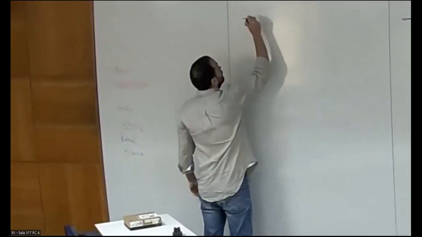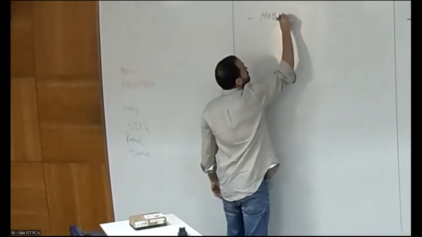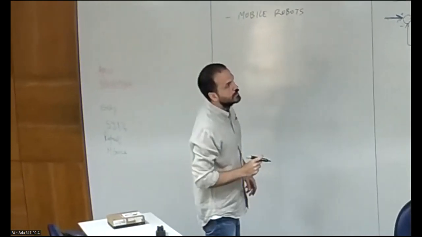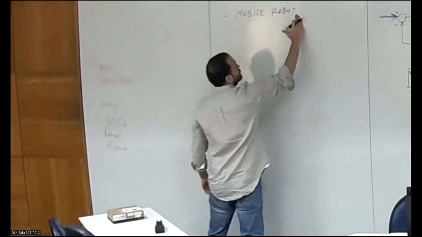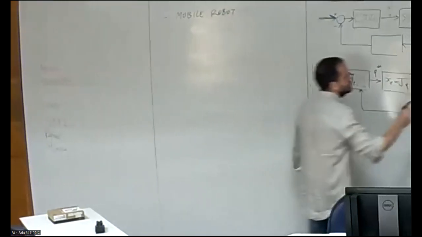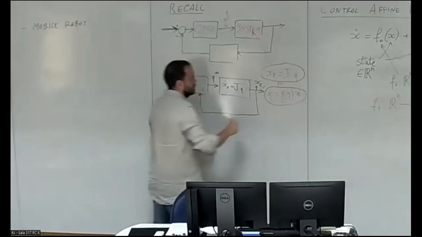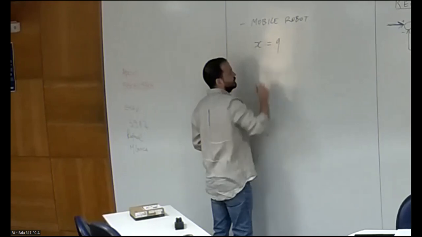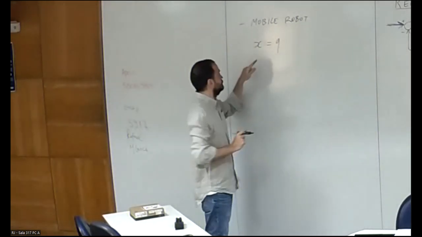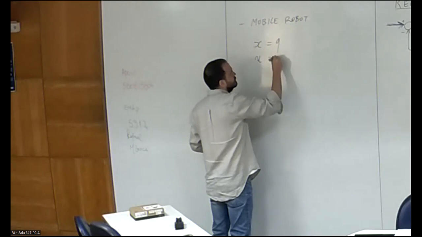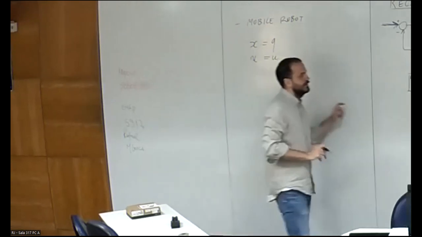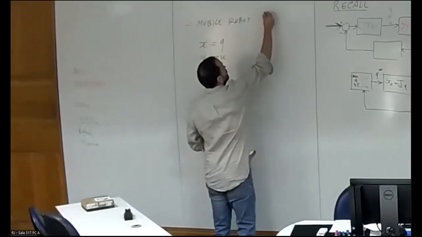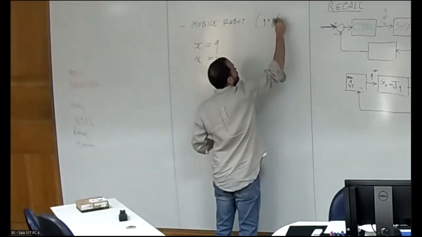Then the other case is the mobile robot. These are much easier to handle because it's almost one-to-one. We define our state to be the configuration of the mobile robot q. The input is u, what we call u as well for the mobile robot model. And this is q dot equal to G of q times u.